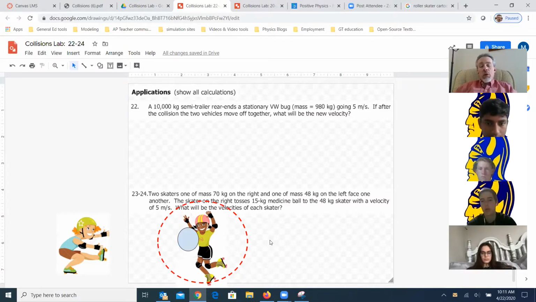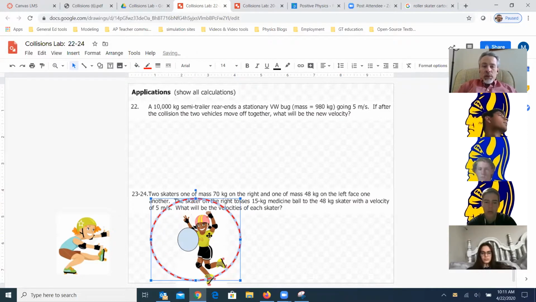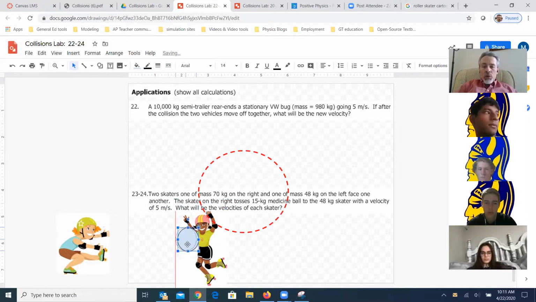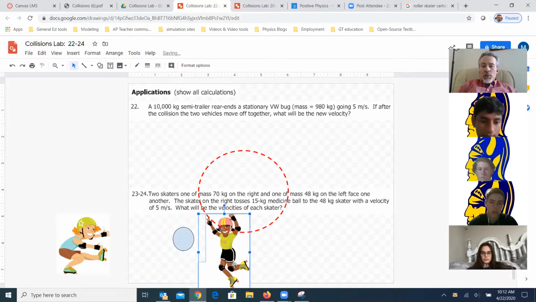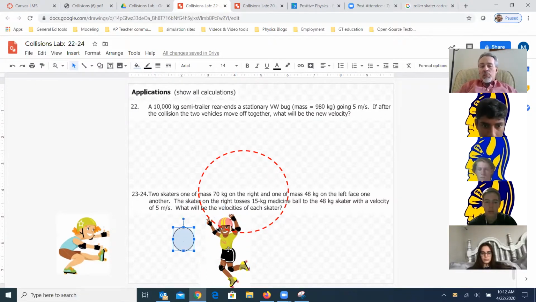It's 0, right? So on the left-hand side of the equation where PI equals PF, the PI is 0. For the PF, you're going to have the ball going one direction and she's going to be moving the other direction. So the PF is going to be PF of the ball plus PF of the girl.